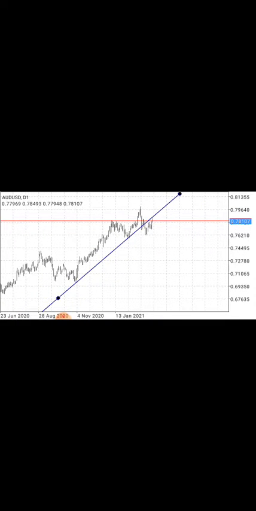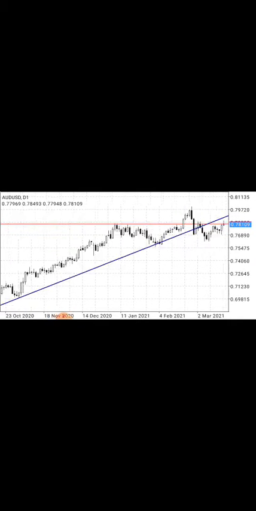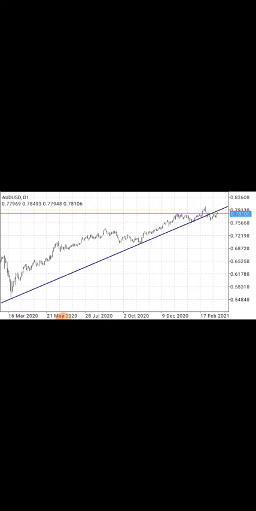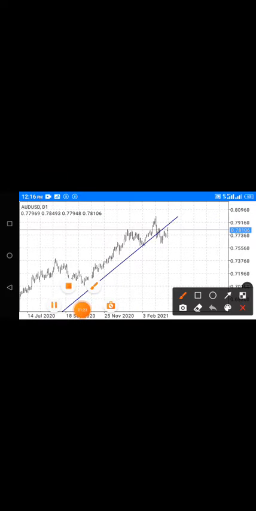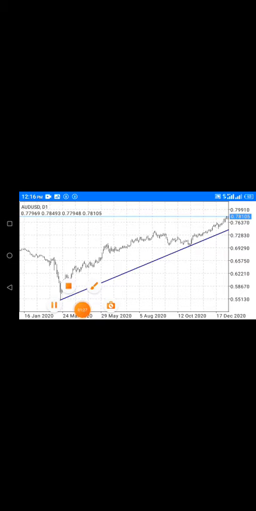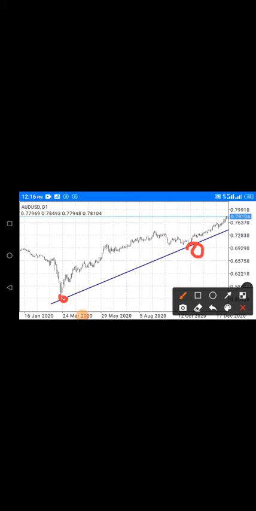All right, we can have our trend line there. And you see how the market respected the trend line. It touches quite a number of times, tested once, twice.